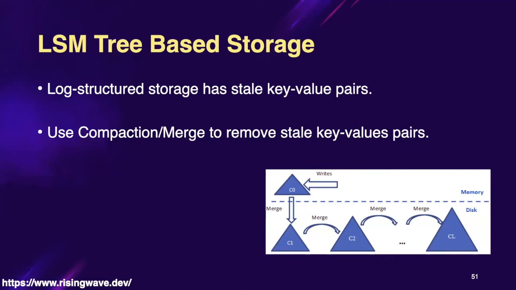But the problem is, let's say we write a key-value pair where the key is 1 and the value is 2, and after some time we write another pair with key equal to 1 and value equal to 3. Then basically the first key-value pair is stale, right? We only need the latest key-value pair for the key-value access.